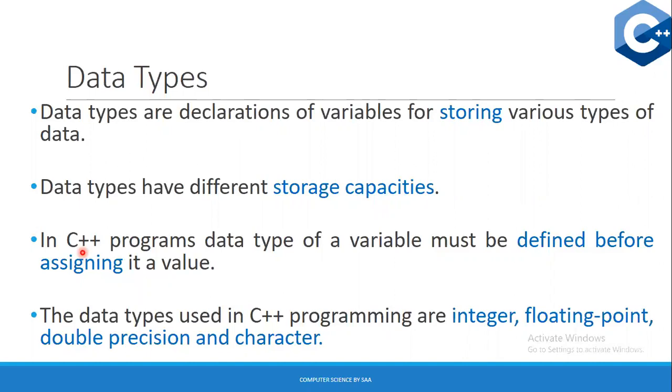In C++ programs, the data type of a variable must be defined before assigning it a value. In C++, the data types that we use are integer, floating point, double precision, and character.